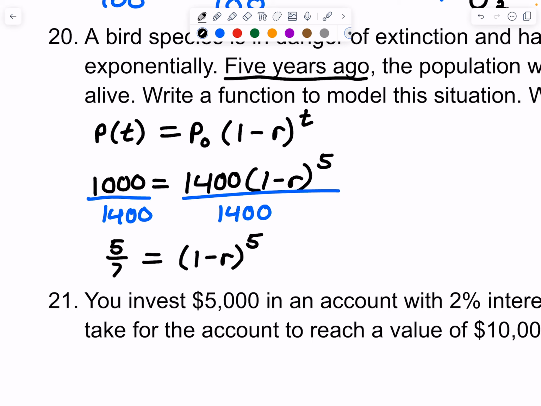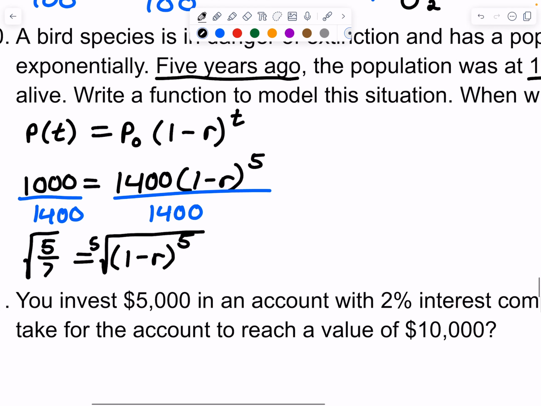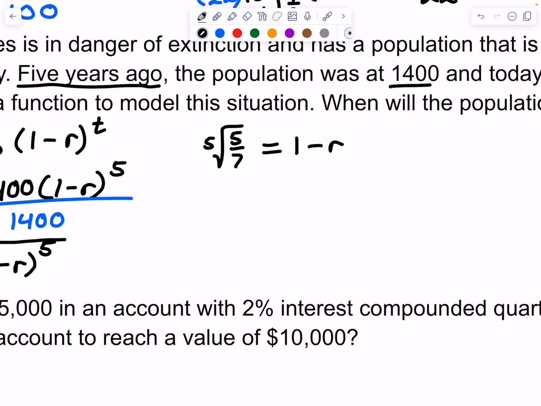Now, we don't need to rearrange this as a logarithm because there's no variable in our exponent. It's just a 5. So really what we can do is take the 5th root of both sides. So I've got the 5th root of 5 over 7 is equal to 1 minus r. And honestly, you could subtract 1. I'll go ahead and subtract 1.